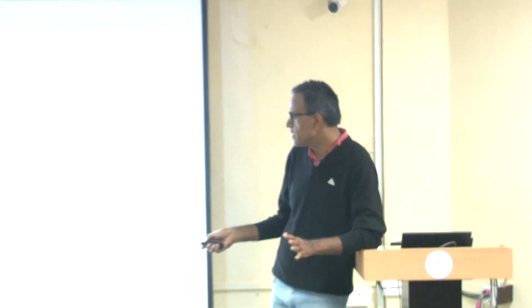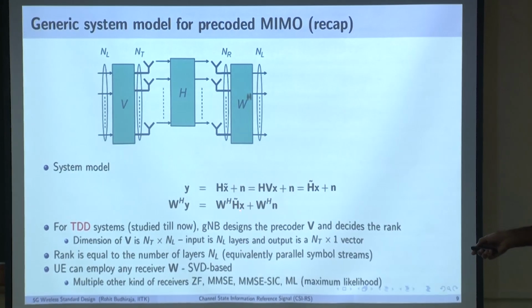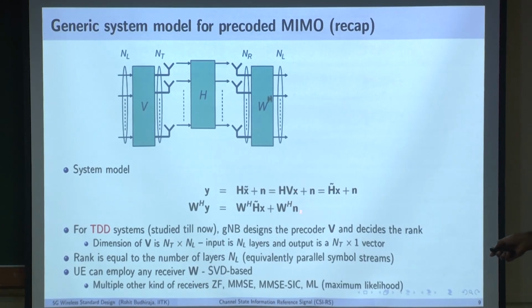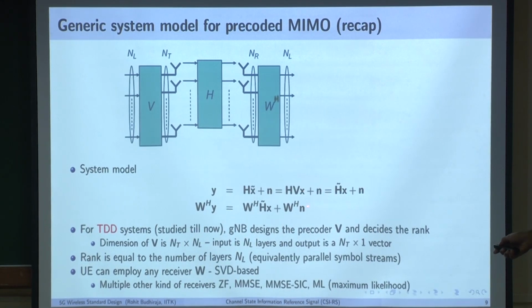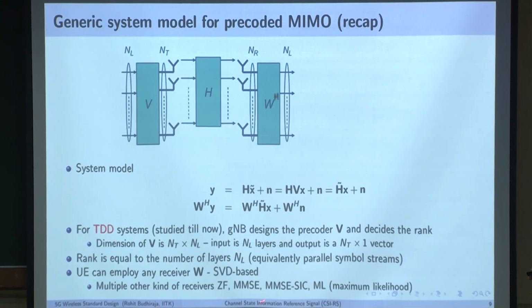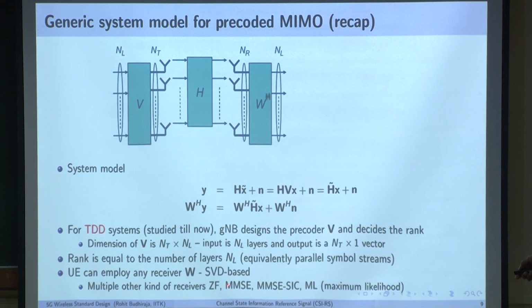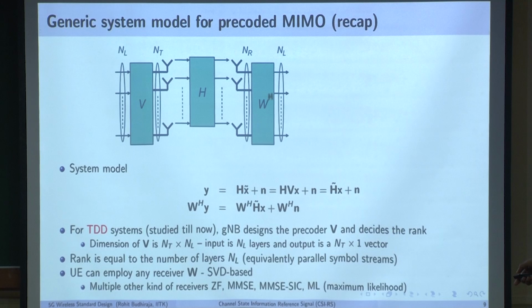Instead of W Hermitian, you use H tilde inverse. If you multiply Y with H tilde inverse, you again get X, but the noise will be different, which will degrade the performance. There are other kinds of receivers, MMSE and SIC. MMSE is minimum mean square error, and SIC is successive interference cancellation.